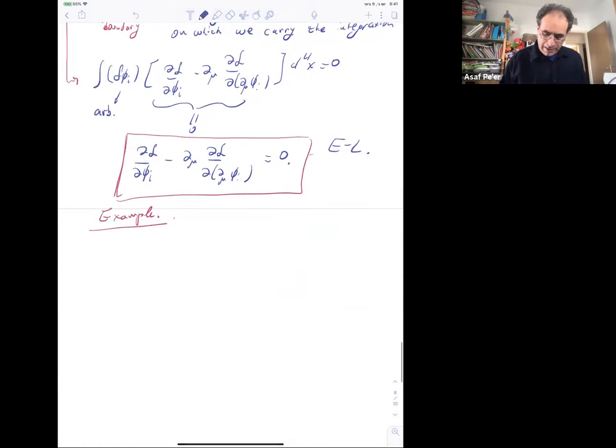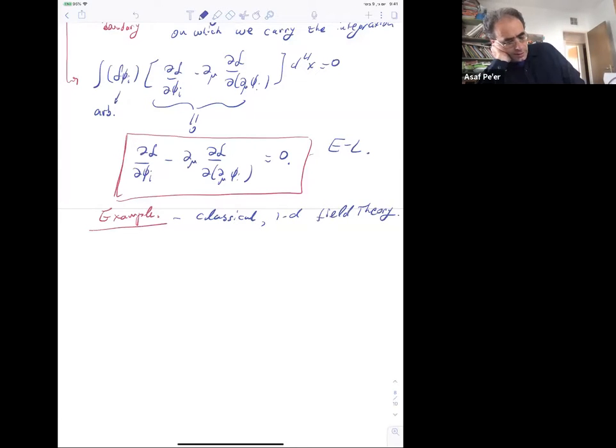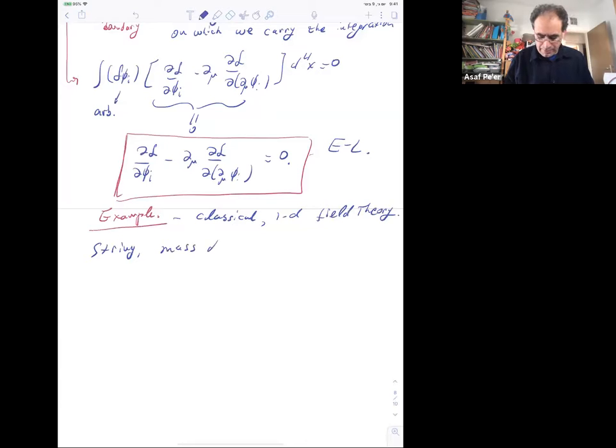The example will be a classical 1D field theory. The textbook example would be a string or some rope which has a mass density. So think of a string of mass density, which is just the mass per unit length, right?